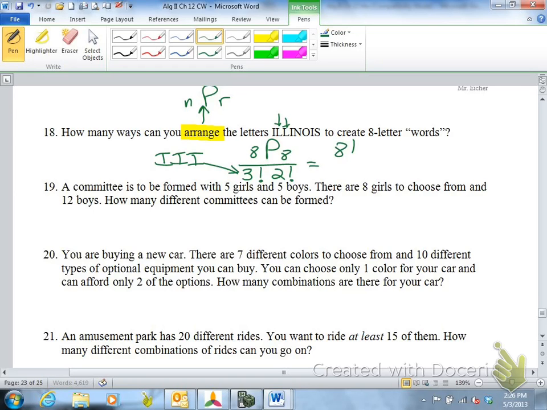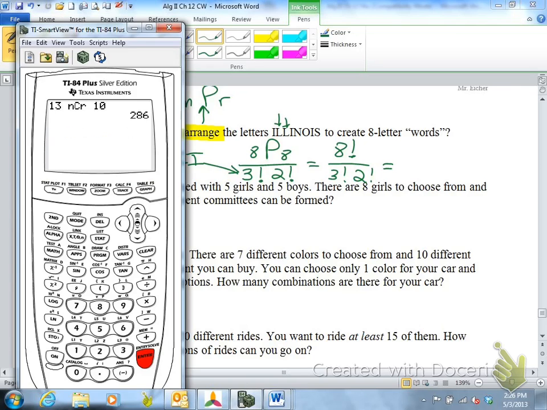This could also be typed as 8 factorial divided by 3 factorial times 2 factorial. 8 factorial, go over to 4, divided by 3 factorial is 3 times 2, 6, times 2 factorial is 2. And make sure you use a parenthesis right here when you're doing questions like that. So 3360.